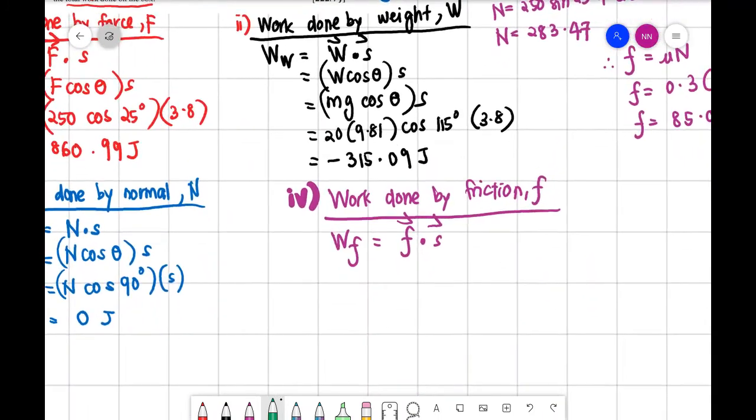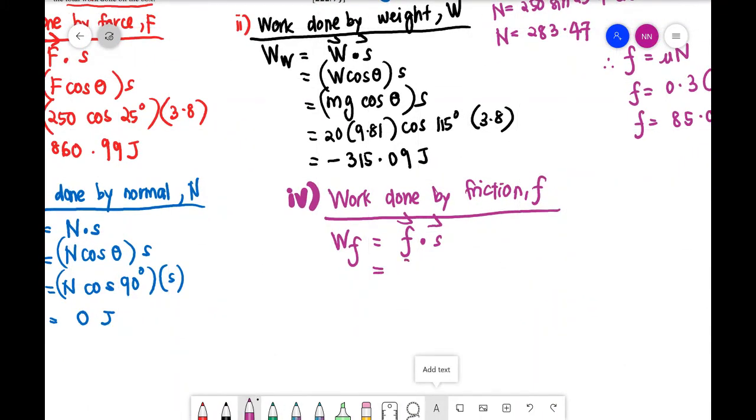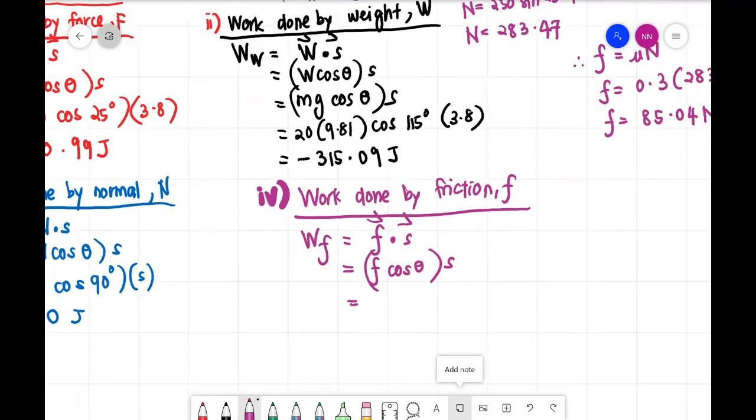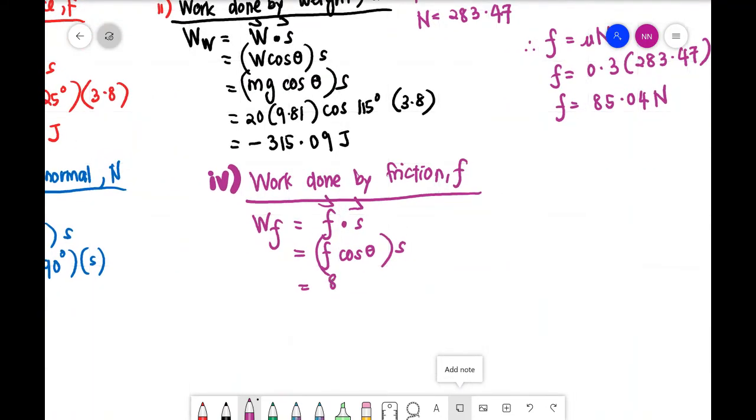So the angle between displacement and frictional force is 180 degrees. So we can substitute now: friction times cos theta times displacement, where friction is 85.04, cos 180 degrees, times displacement 3.8. Cos 180 is equal to -1.